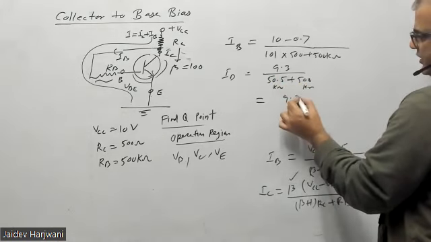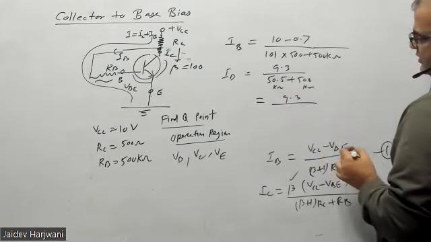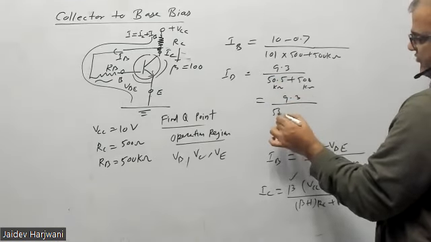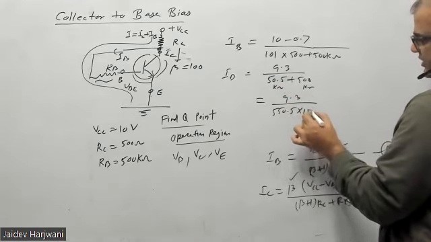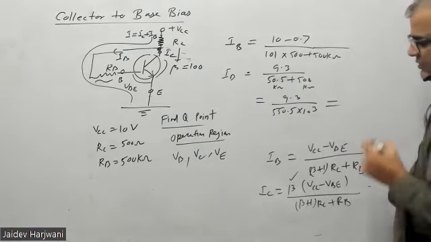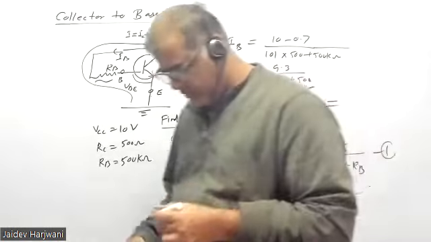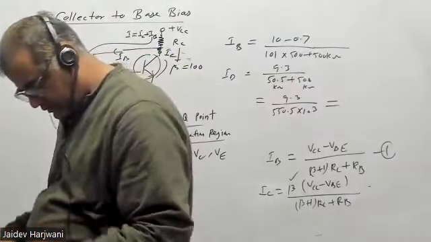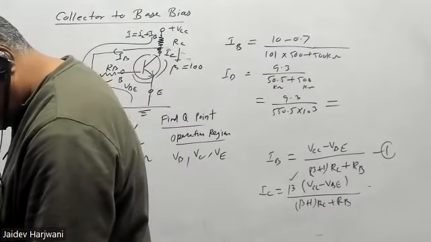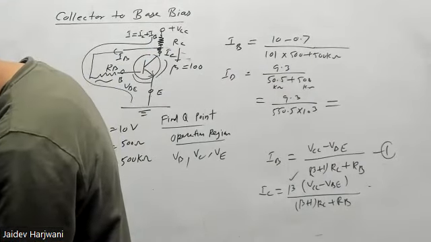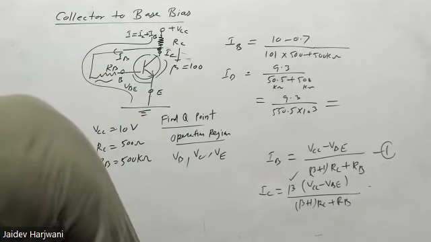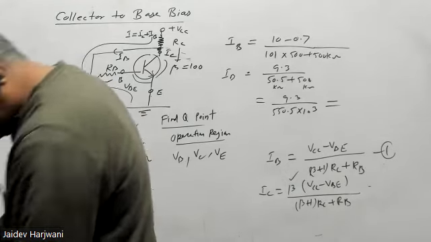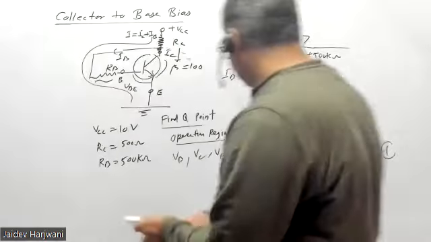This is 9.3 over 550.5 times 10 raised to power 3. Tell me the current IB value. How much microampere? I think 17.6 microampere.